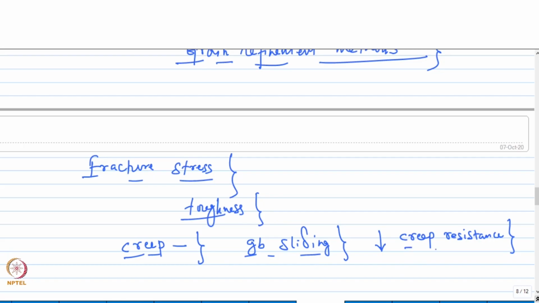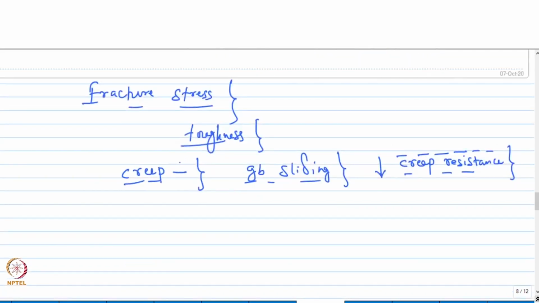If you want to use the material at high temperature where creep can occur, it is always recommended to go for coarse grain materials. In fact, it will be best if you can have a single grain material or a single crystal, okay, when it comes to creep. And grain refinement also improves the surface finish after anodizing treatment for aluminium and its alloys.